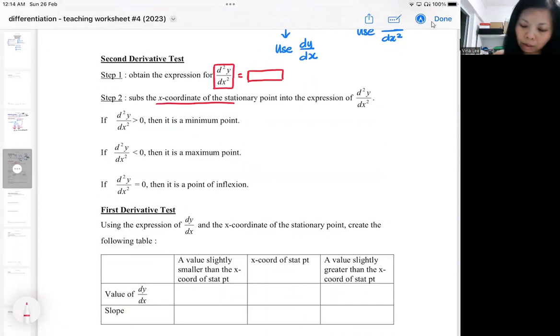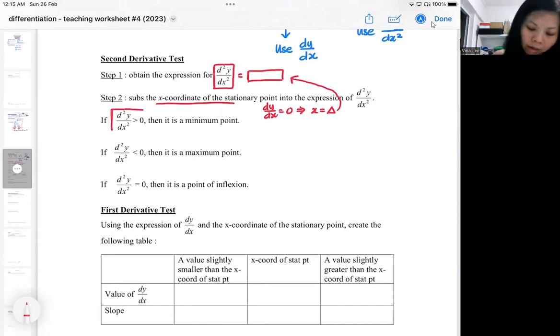When you set dy/dx equal to 0, you should already have an x. Maybe I call the x a triangle. You are supposed to put the x that you got from dy/dx equal to 0 into the formula.